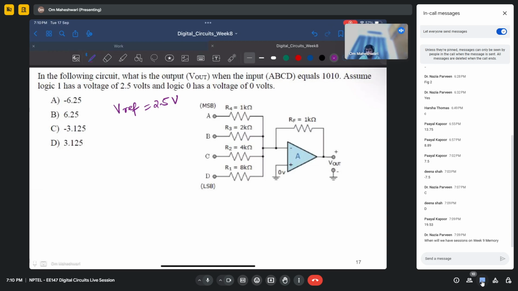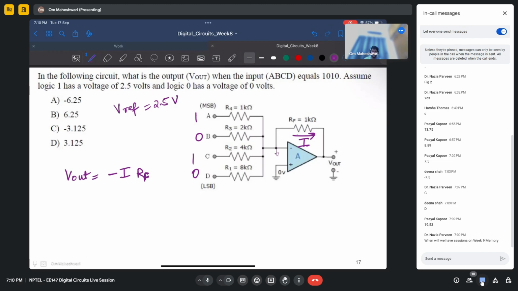Okay, so you have this ABCD as 1010. So your V out will be, let's say this current is I. So V out will be minus I RF, right? So this will be virtual ground.